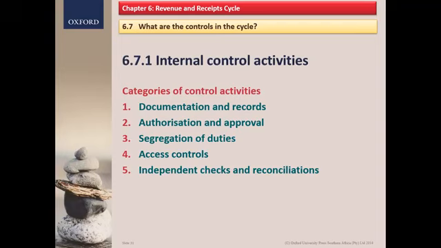Access controls: you don't give access to everyone, you give access to people who are authorized to deal with stock. Segregation of duties: you segregate initiation of transactions, authorization of transactions, recording of transactions, and custody of assets. All incompatible tasks need to be segregated.